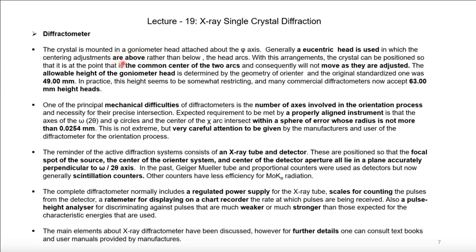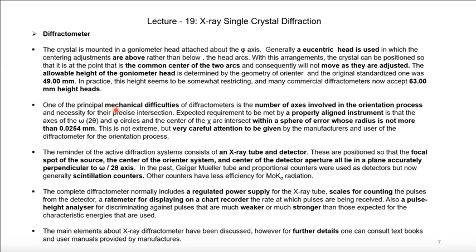If we adjust it from above, then we have more space to adjust the orientation of crystals. That is the advantage of it. There is a common center to the parts. Okay, you see this goniometer head is generally 49 millimeter, but in practice the heads can be up to 63 millimeter in height.